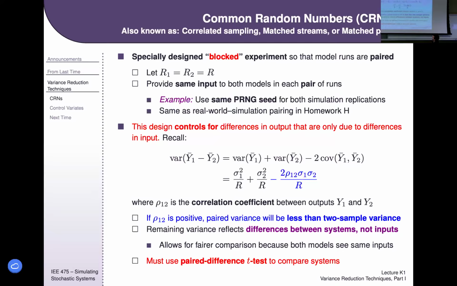So the idea here is that baseline, the variance in the difference is just the sum of the two variances scaled down by the number of replications. That's our baseline. And we want to say, can we design an experiment to do better than baseline? And how do we do that? We try to introduce correlation between our systems.